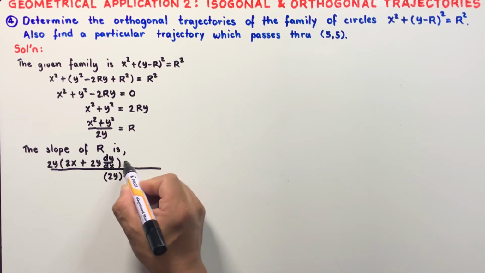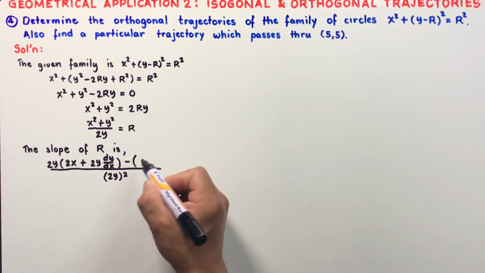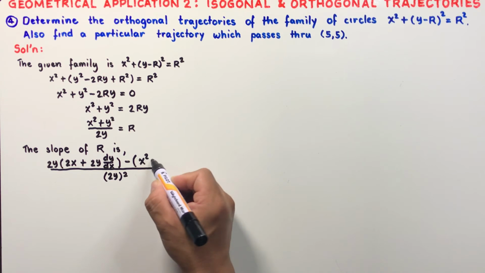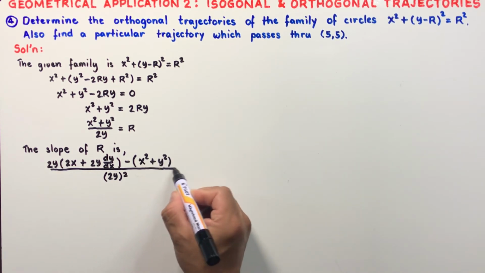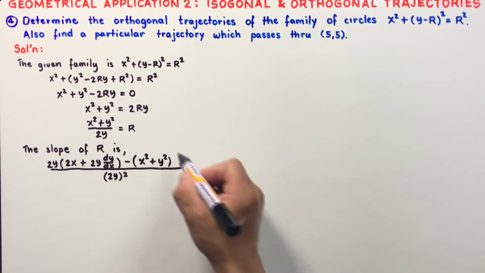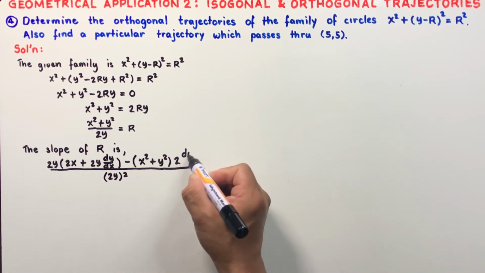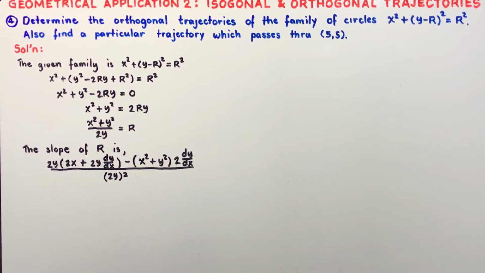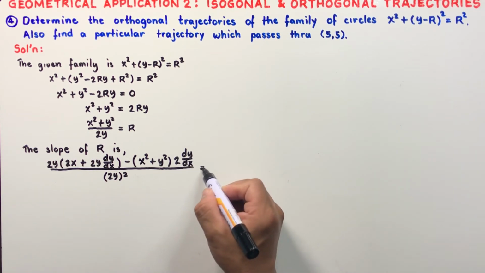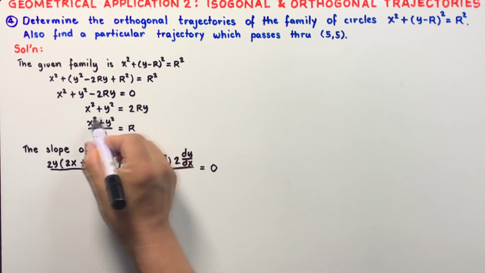And this will be subtracted by this numerator, x squared plus y squared, times the derivative of the denominator, which is 2 times dy dx.